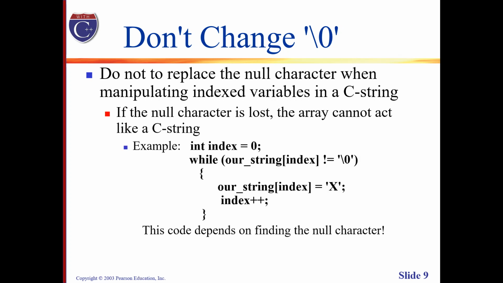For example, we have the following. As we can see here, this code depends on finding the null character. Therefore, if it won't be able to find the null character, as what we have seen in the previous slide, then this would probably generate an error or cause a logical error in your program.